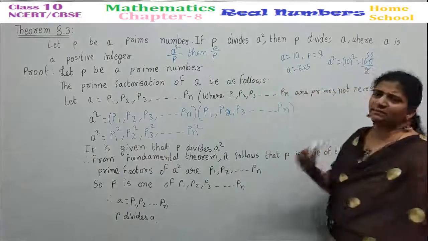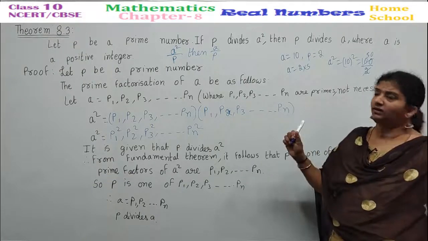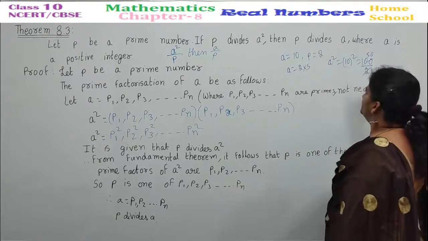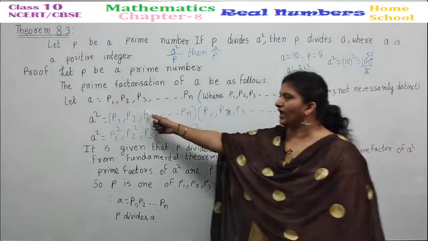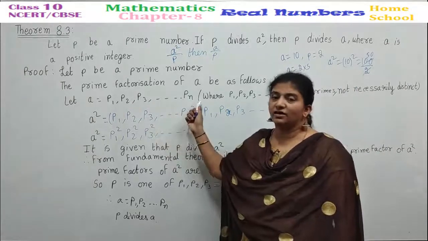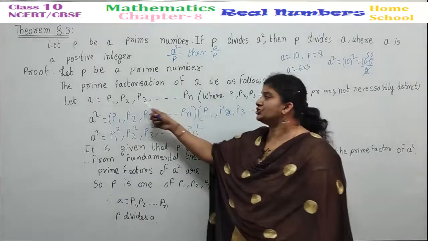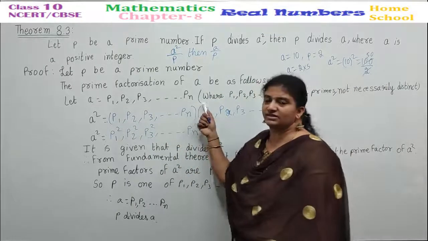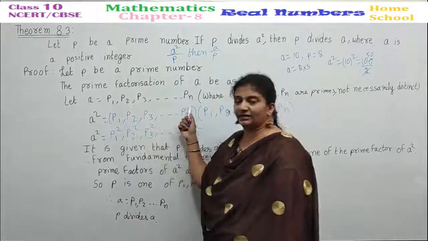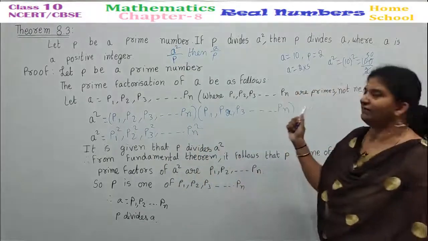Now, when it is able to divide, when this is a factor, the prime number should be a factor of this. When it is a factor, then only it can divide.